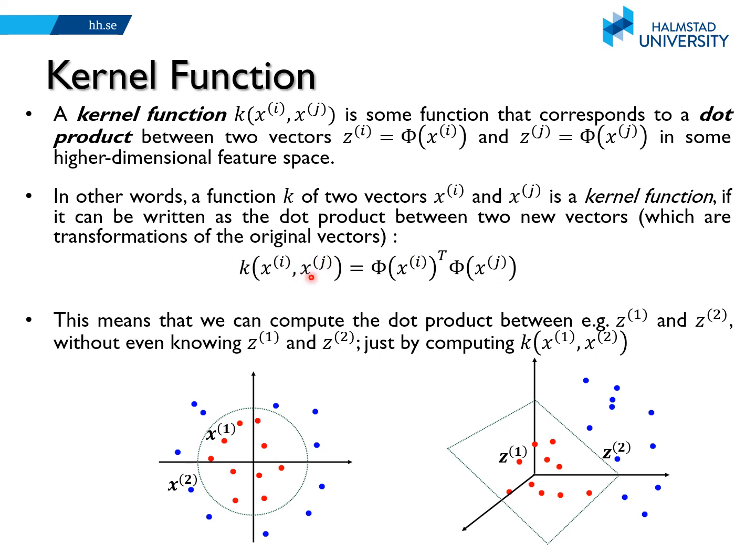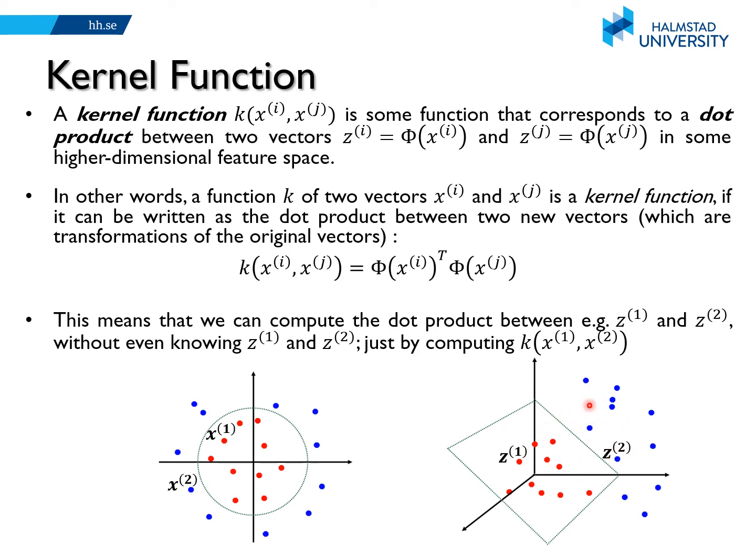It depends on xj. So if we have a two-dimensional feature space, like in this case, where the classes are not linearly separable, and we want to train an SVM in a higher dimensional space, but without explicitly mapping the original space to this higher dimensional space, we can actually do that in the original space by using the kernel function, because to train an SVM, we saw that you need to compute the dot product between all pairs of the training examples.